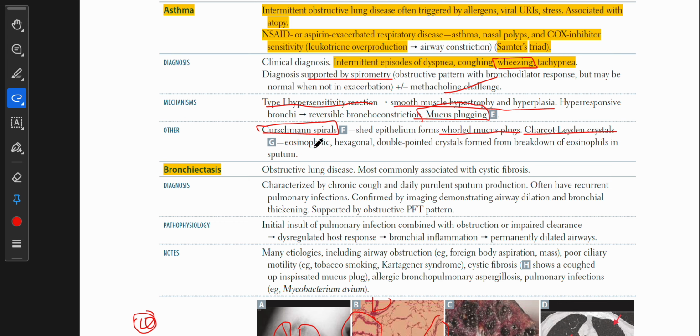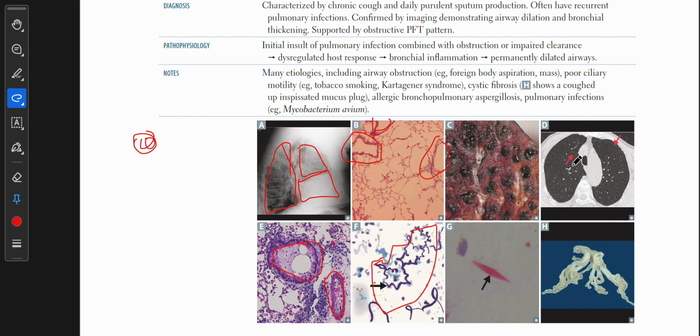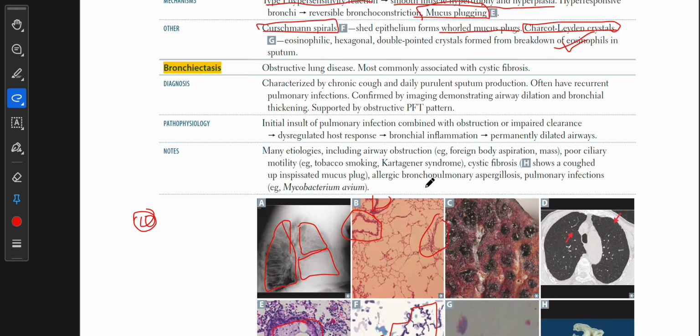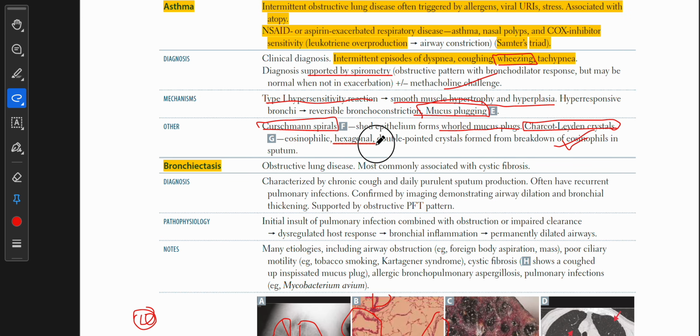These are eosinophilic hexagonal double-pointed crystals formed from the breakdown of eosinophils in sputum. These two features right here, Curschmann spirals and Charcot-Leyden crystals, are very important. These are Charcot-Leyden crystals, and this is a Curschmann spiral. So Charcot-Leyden crystals are eosinophilic hexagonal double-pointed crystals formed from the breakdown of eosinophils in sputum.